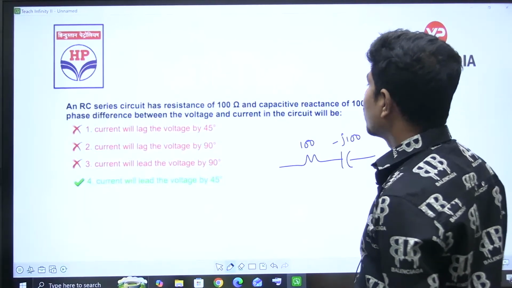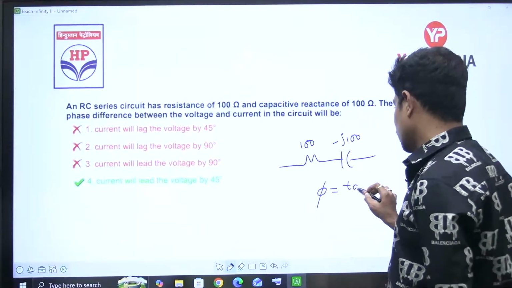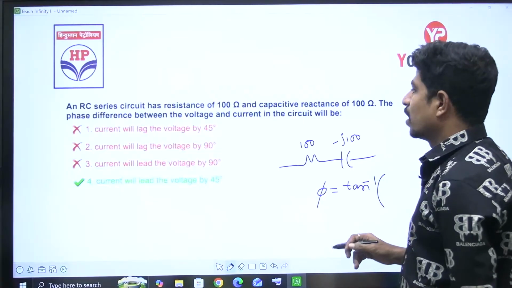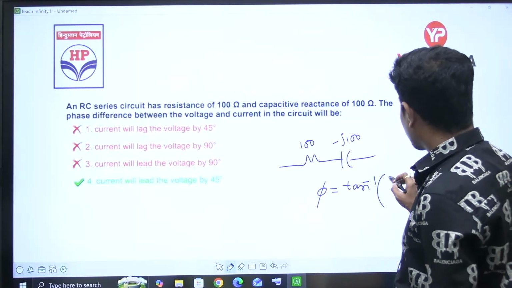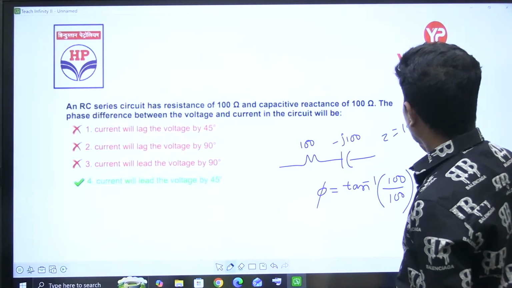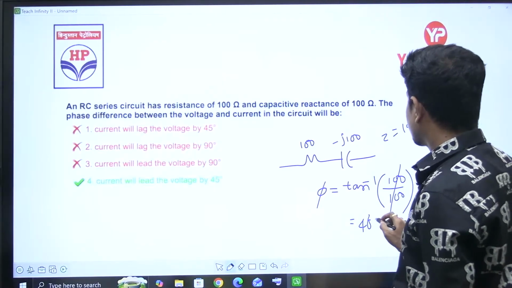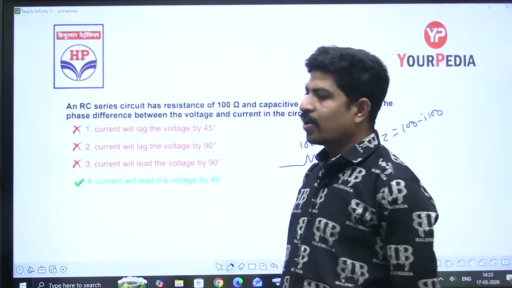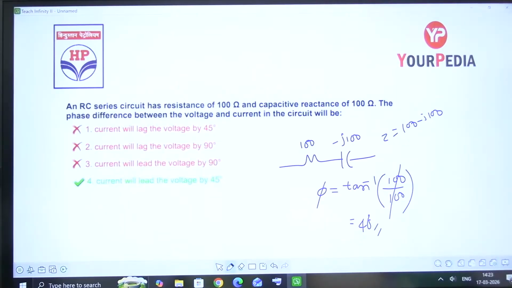The phase difference between the voltage and the current, phase angle phi, is equal to tan inverse of imaginary part by real part. Z is equal to R minus jXC. So it is 1. Tan inverse of 1 is 45 degrees. And one more thing, in a capacitive circuit, current leads the voltage.